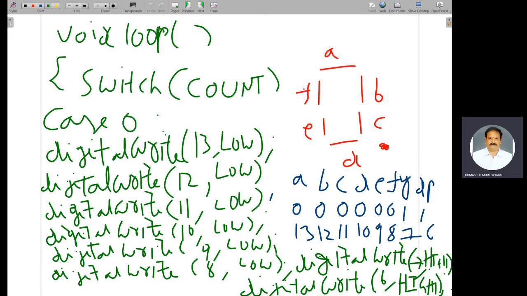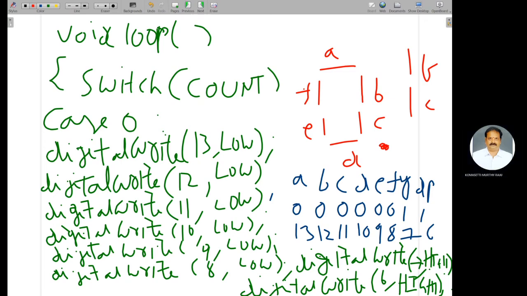For case 1, only B and C are on, so B and C are connected to ground and the remaining segments are connected to high.